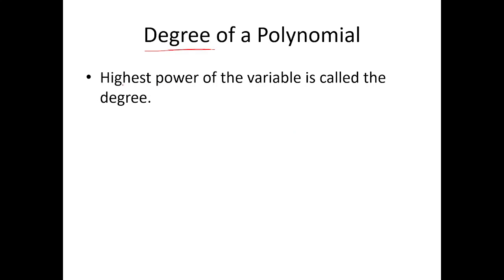Next, before knowing the types, we need to know what the degree of a polynomial is. Degree is nothing but the highest power of the variable in that polynomial. If I take the polynomial 5x square plus 3x, the highest power of the variable is 2, so the degree is 2.